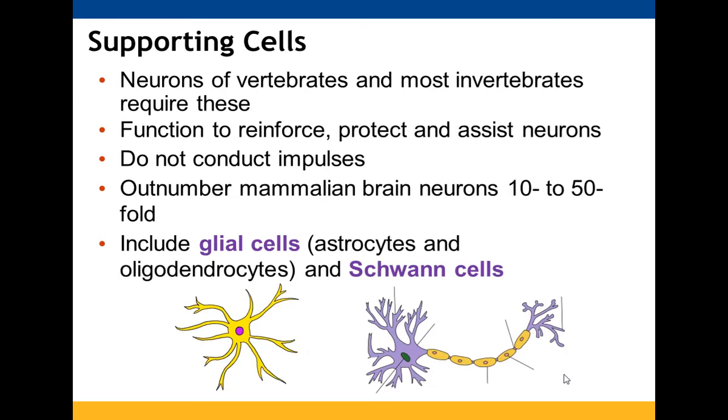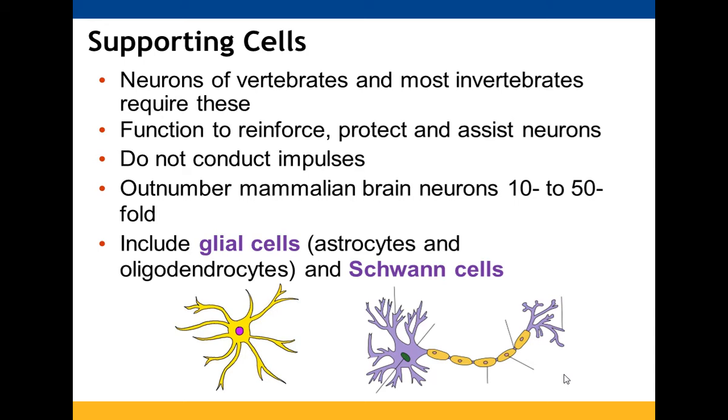Okay. Supporting cells. Vertebrate neurons, most invertebrate neurons require these. They help to provide support for the neurons and help it do its job. They are not involved in conducting impulses, and there are large numbers of them present. They outnumber mammalian brain neurons 10 to 50 fold. We have the glial cells, your astrocytes and oligodendrocytes.